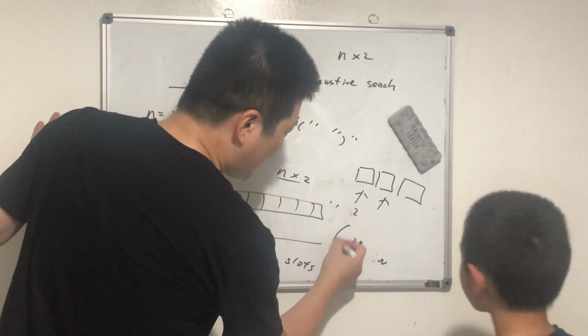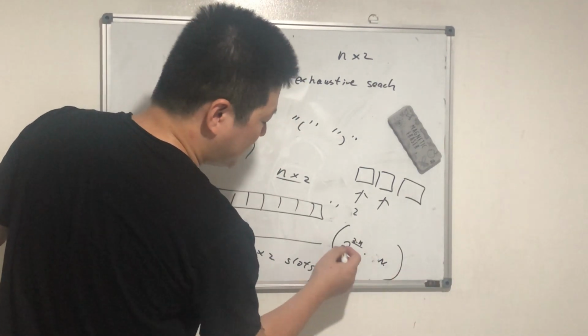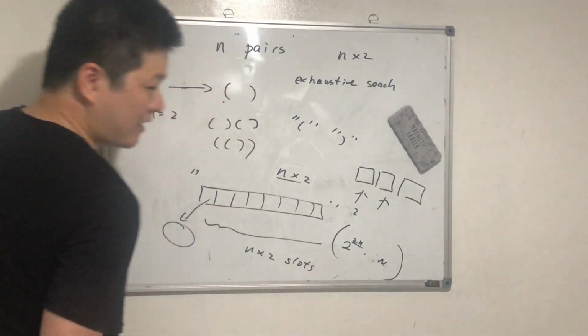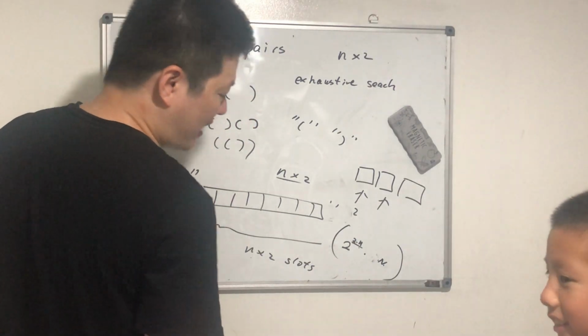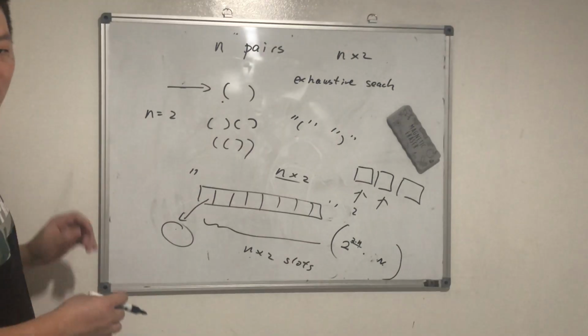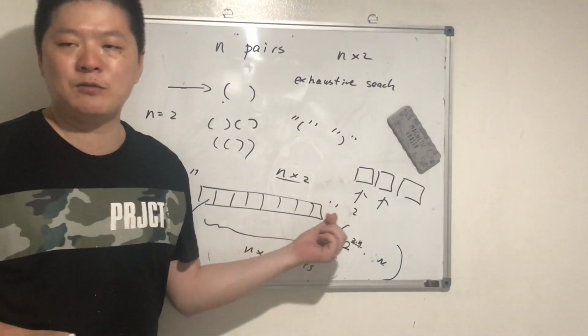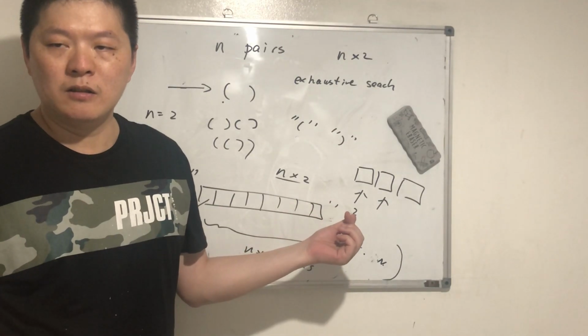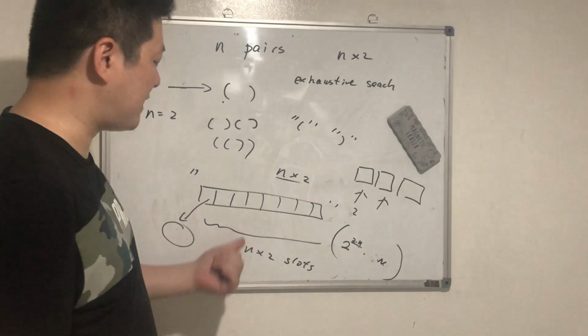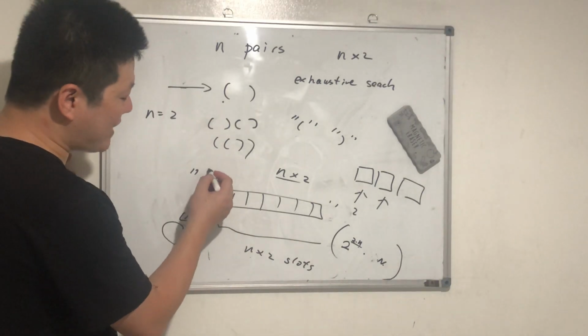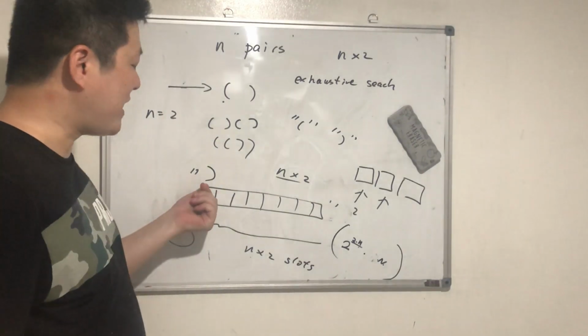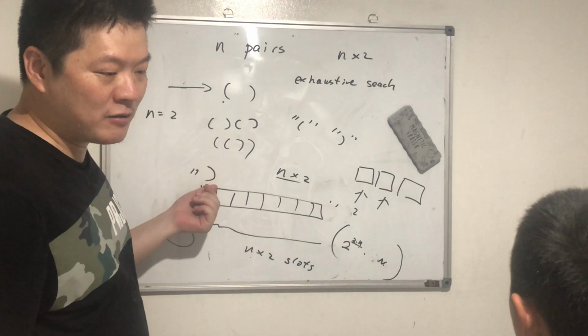So the overall complexity is O(n) times 2 to the power of 2 times n. That's a lot, right? So what's the problem with this one? It's too slow. Why is it slow? Because we know that at the beginning, can it be a closing bracket?